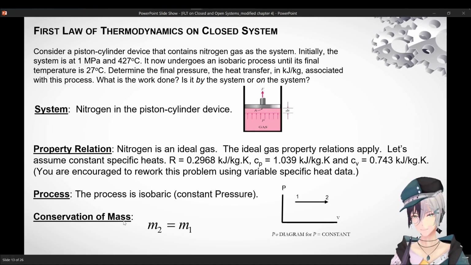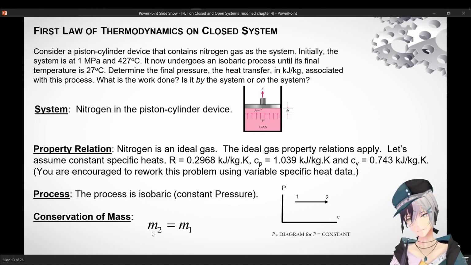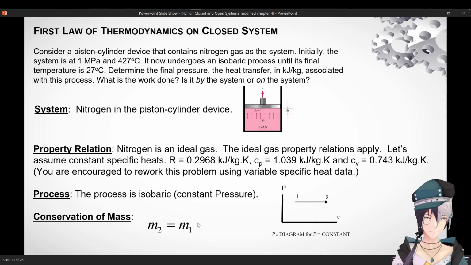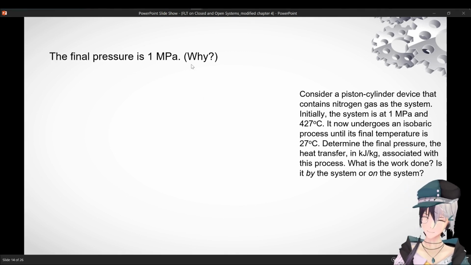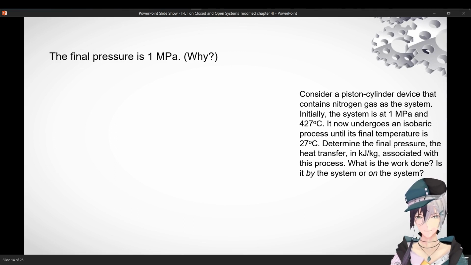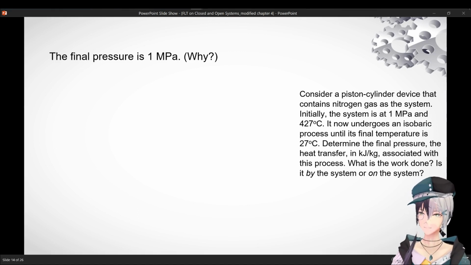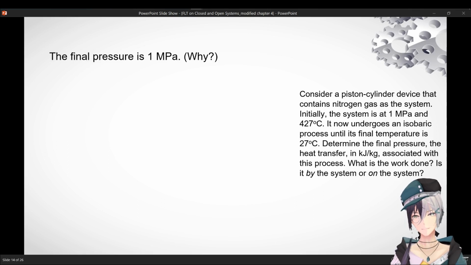For the conservation of mass, mass 1 is equivalent to mass 2. The final pressure is 1 megapascal, of course, because it undergoes an isobaric process, so pressure 1 is equivalent to pressure 2.